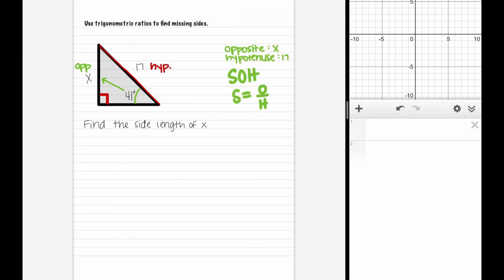Okay, well, we are looking at the sine of angle 41. So notice I'm not using theta anymore because I was given the degree measure of that angle. So the sine of angle 41 is the opposite, which is X, over the hypotenuse, which is 17.